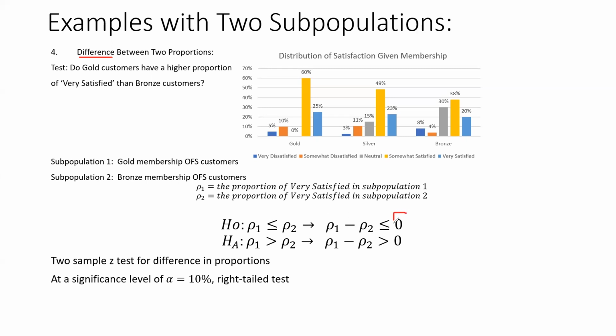And again, in math, and statistics is sort of a subset of math, we always take a more complicated situation and then we make it look like a simple situation where we already know how to do it. So by doing this, now it looks like a single proportion mathematically. It's a number, a parameter that we don't know, a difference between these two. It's less than or equal to a number, and then the structure follows along with what we did for single proportion.